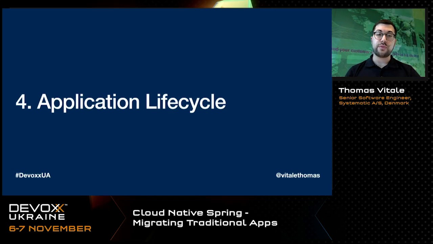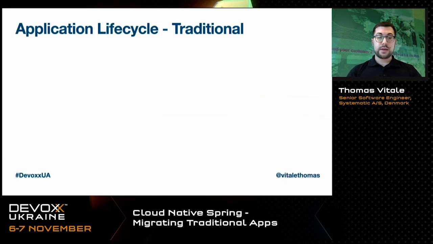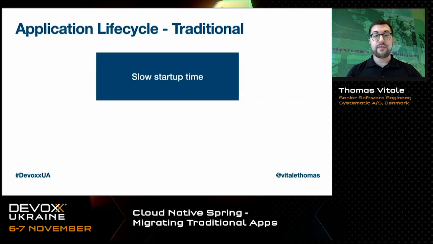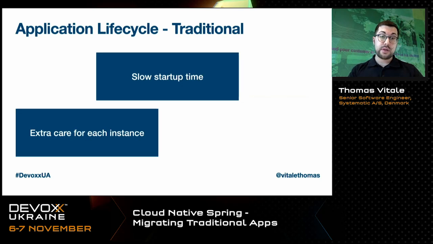Here we have some differences between traditional applications and cloud-native applications. So a traditional application, because of the whole application server dependency and maybe multiple applications being deployed on the same server, we have slow startup compared to what we can achieve in the cloud. Each instance, we really take extra care for that because it's expensive and we want to always have it up and running.